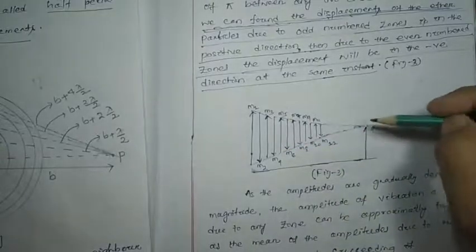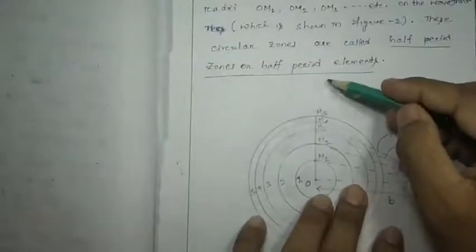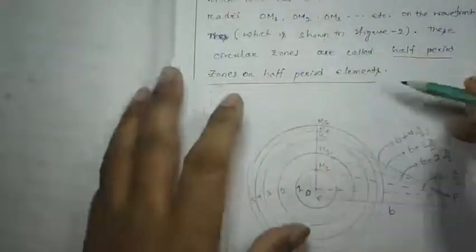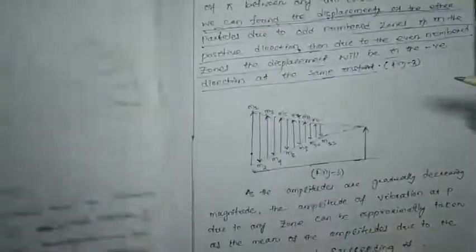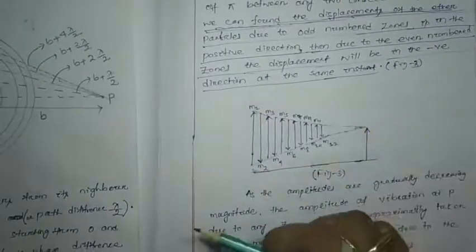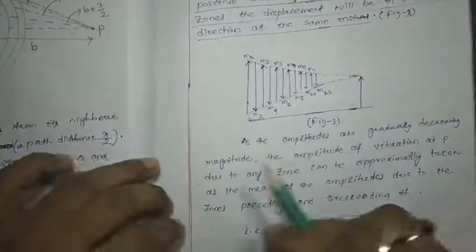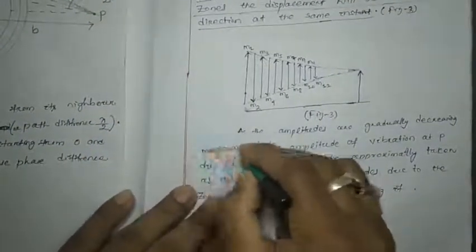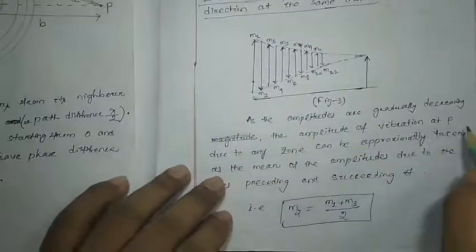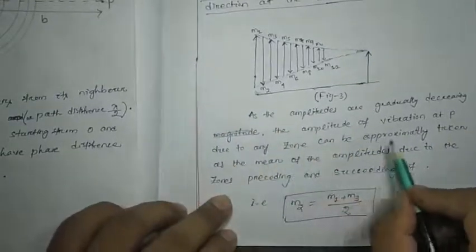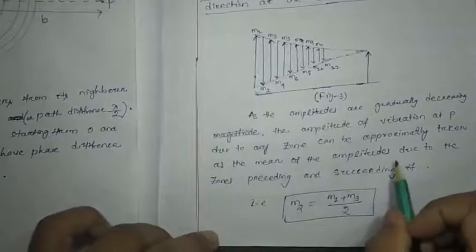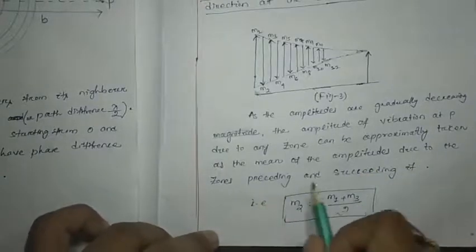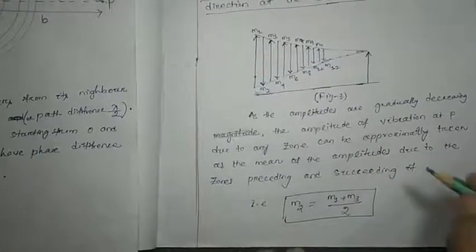At last, if we consider n zones, the n-th zone has approximately zero intensity, as the amplitudes gradually decrease. The magnitude of vibration at point P due to any zone can be approximately taken as the mean of the amplitudes due to the zones preceding and succeeding it.